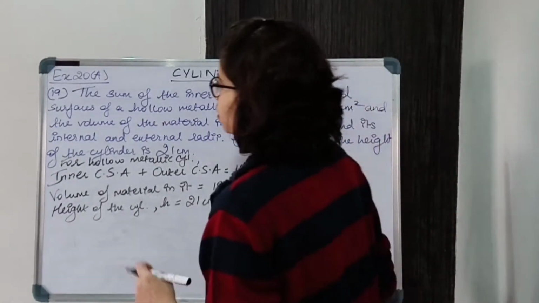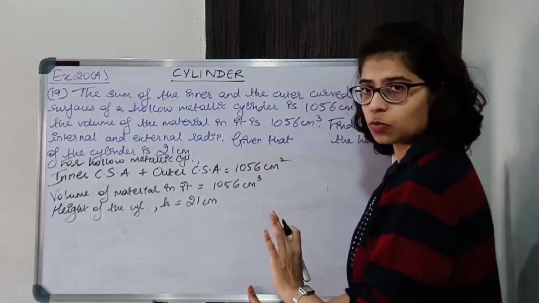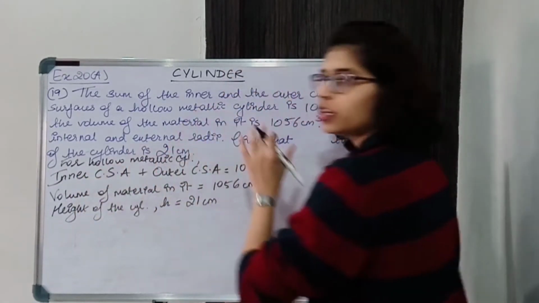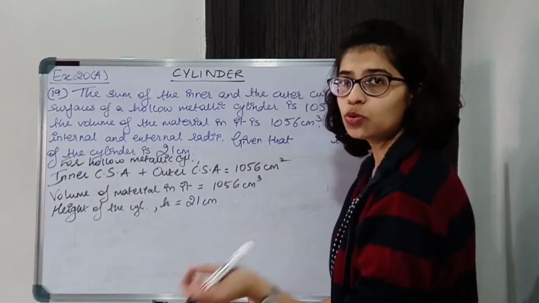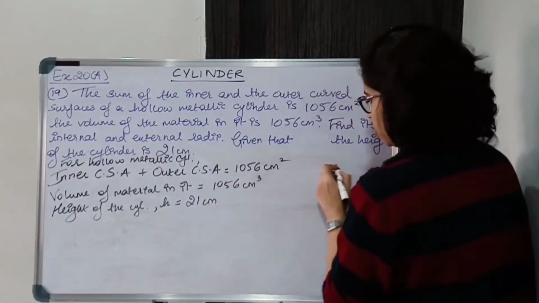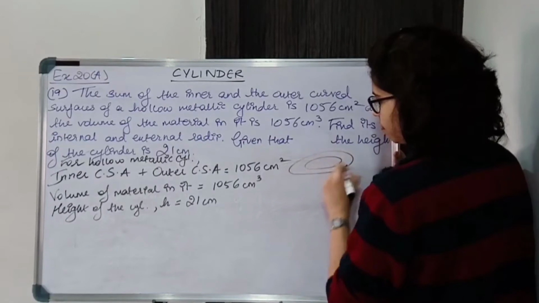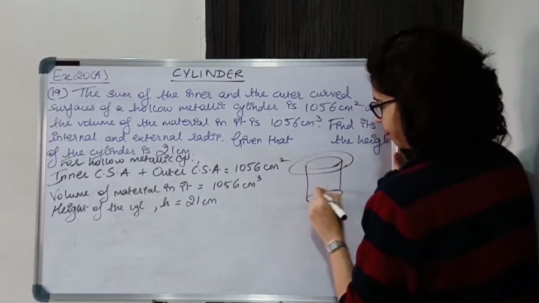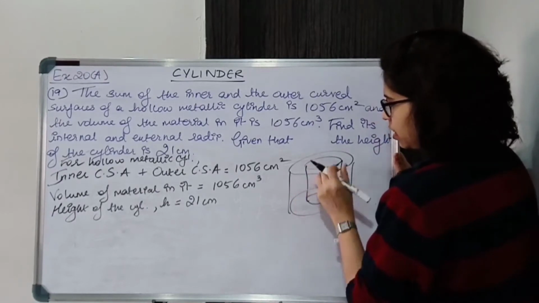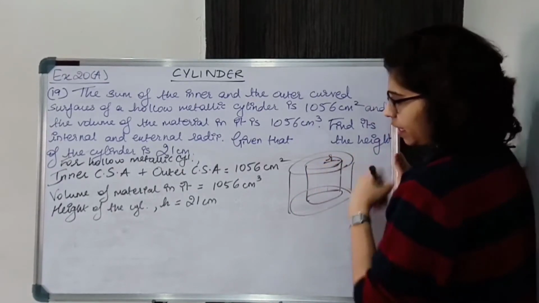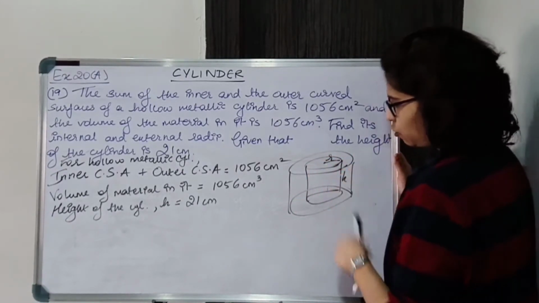Now we are given this data. What we'll do is we'll substitute the formula in this. Okay, inner CSA is what? 2 pi rh. The inner part of this hollow cylinder has radius r, it has height h.